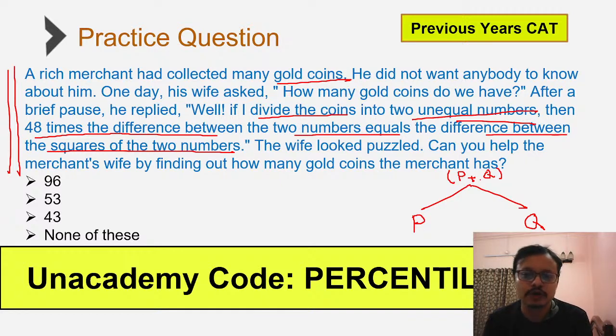The total number of gold coins is P plus Q. The question is asking the total number of gold coins, which is nothing but P plus Q.